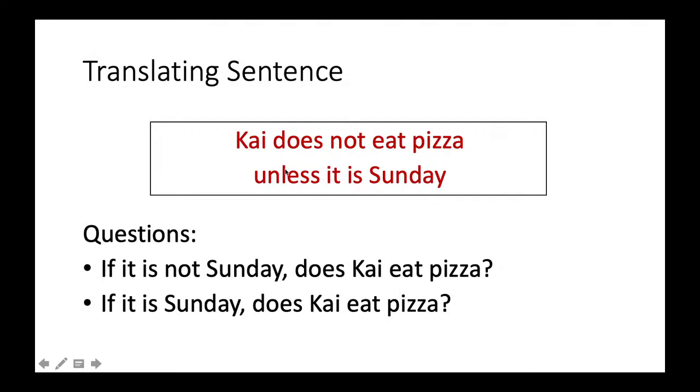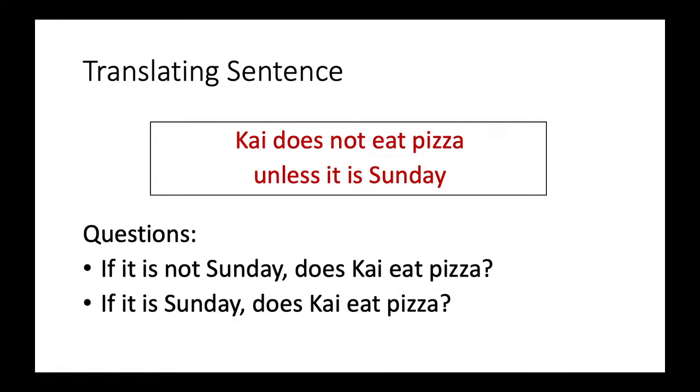So except that it is Sunday, I will be following this rule. I will not eat pizza, right? So that means if it is not Sunday, then I should not be eating pizza. So this is yes. If this is true, then this will be yes. So suppose that this is true, then this is the meaning for the above sentence.